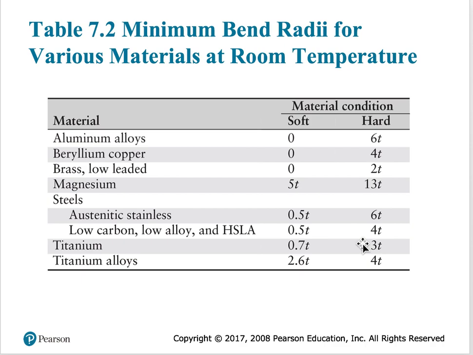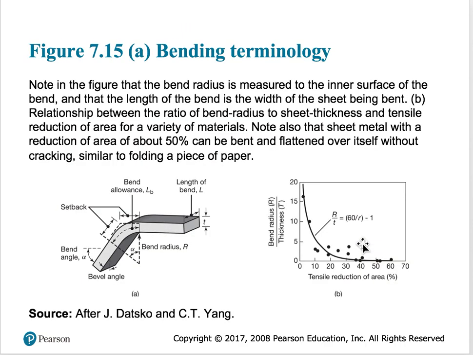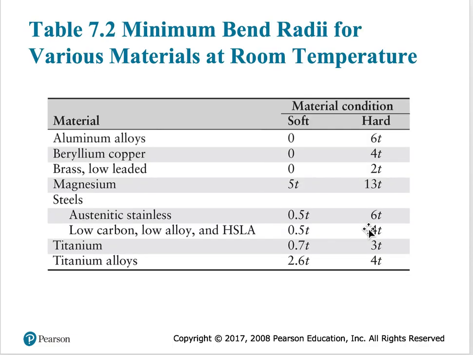So the minimum bend radius over thickness is equal to 50 over r minus 1. That is what is plotted here. Here it is 60 over r minus 1, but typically they have calculated minimum r over t equal to 50 over r minus 1, and the experimental data that is a better fit is 60 over r minus 1.